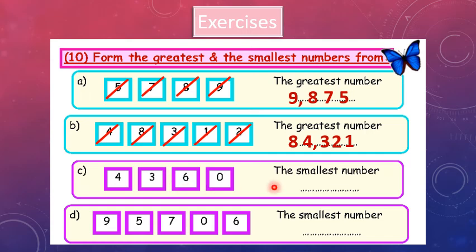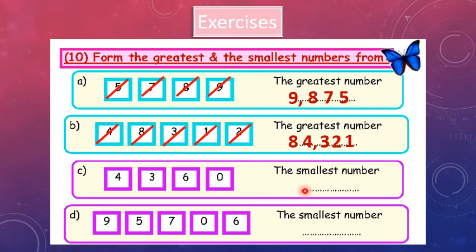Here we want, yes, the smallest number. Search for the smallest digit here and put it in the greatest place value. What is the smallest number here? It will be 0. Can we put 0 in the left place? If you put 0 in the thousands place, can you read it?